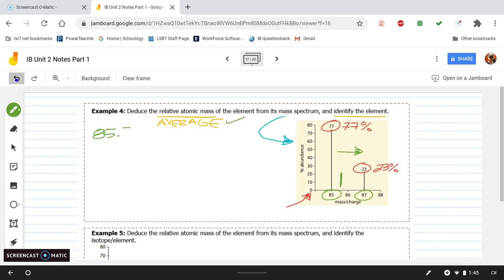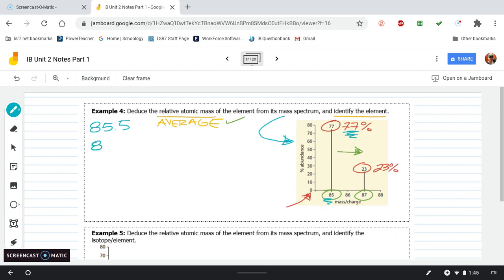Now let's take a look at it mathematically. This is our non-mathematical number, 85.5. That was our guess. Now let's do it with the mass. We're just going to take the mass and the percents, so there's the percent, there's the mass, and multiply them together.